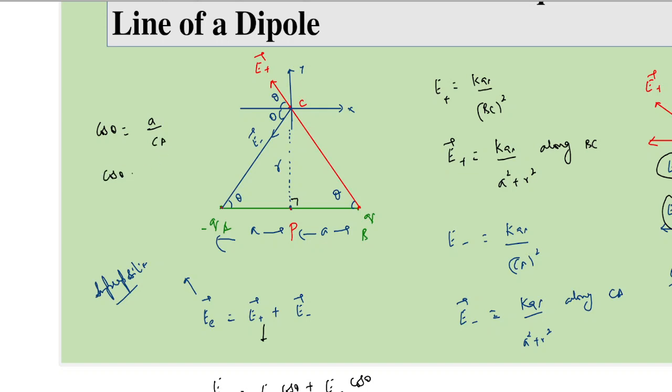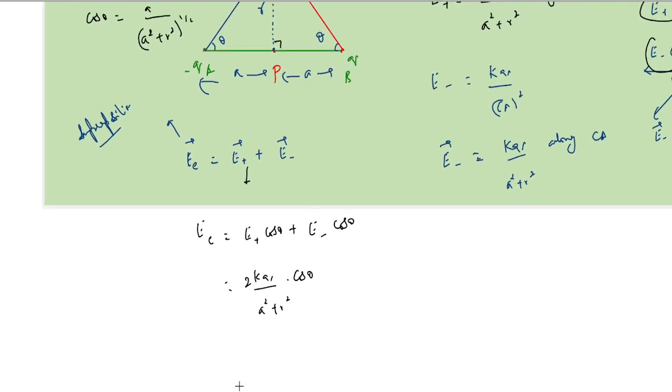So cos theta is equal to A by the square root of A square plus R square. Putting it back here, we get 2kq by A square plus R square, into cos theta, which is A into A square plus R square power half.